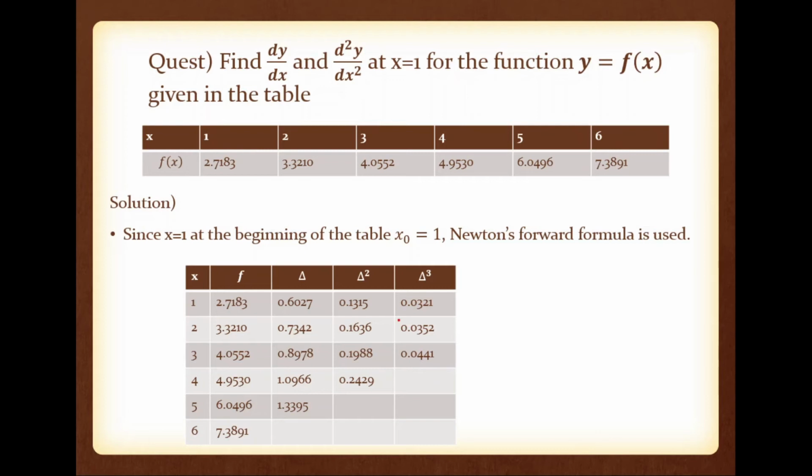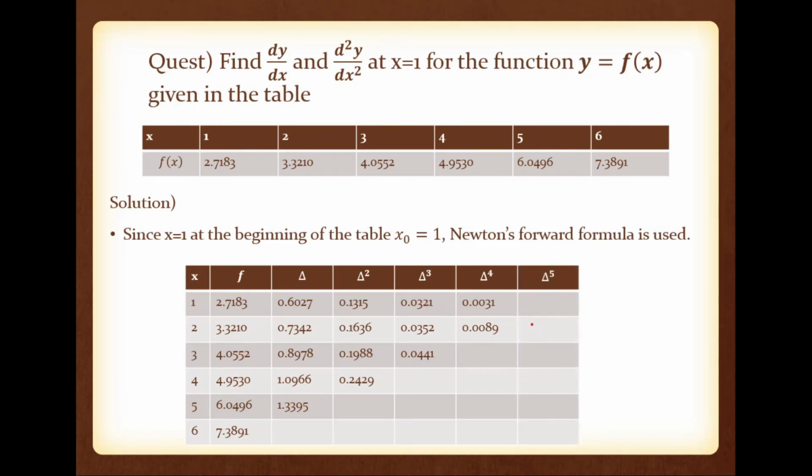By using this third order finite forward difference, we have to find the fourth order finite forward difference. The fourth order finite forward differences are 0.0031 and 0.0089. Now by using these two, we find the fifth order finite forward difference, and that is 0.0058. Is it okay?